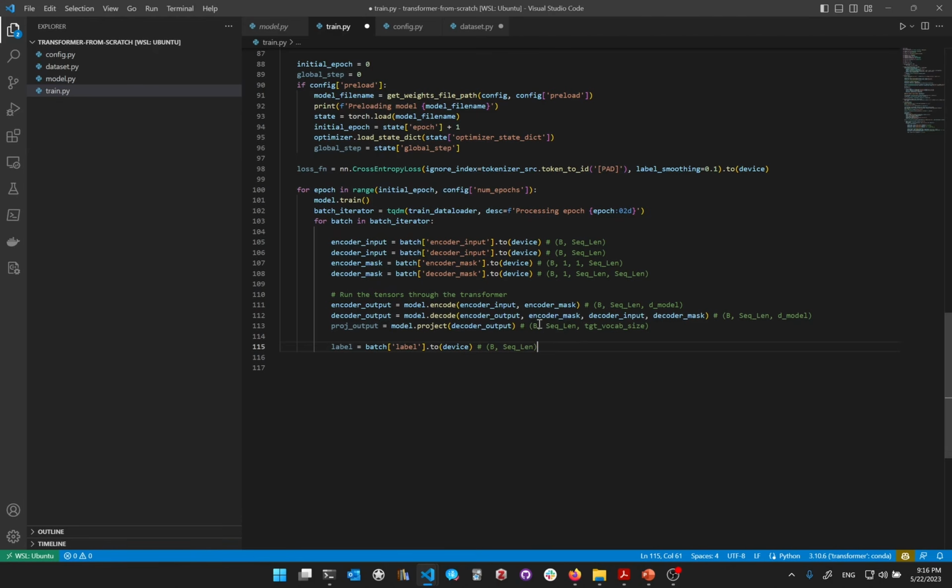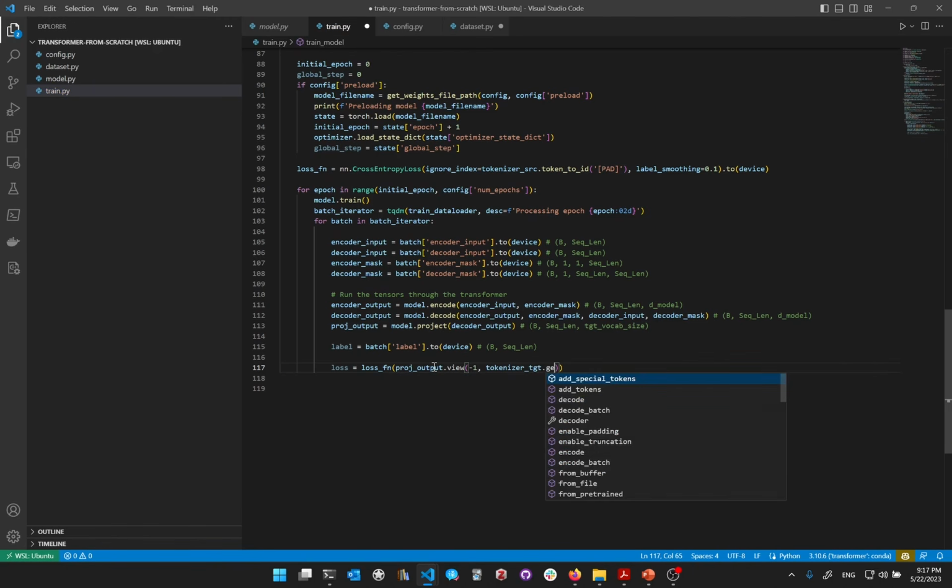And we want these two to be comparable, so we first need to compute the loss. I show you now. Projection output view -1. Okay, what does this do?